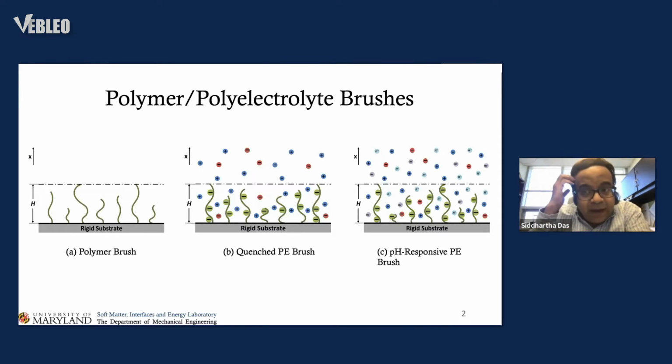So as you can see, there are examples of uncharged polymer brushes or charged polyelectrolyte brushes, where the charge itself can be a function of pH, or pH responsive polyelectrolyte brushes, or not a function of pH.